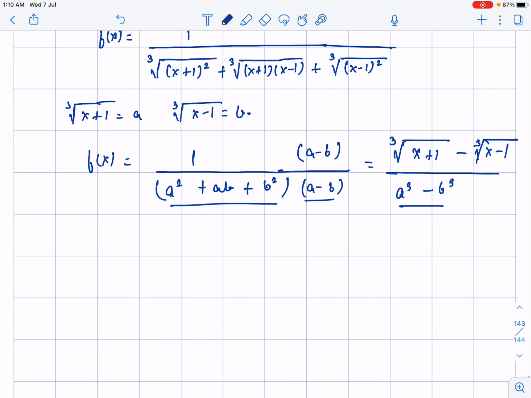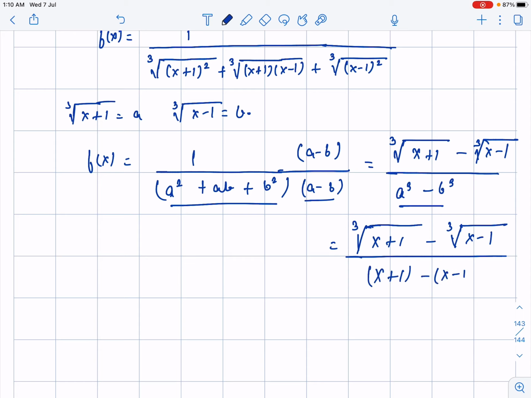So proceeding further, we'll write it as cube root of x plus 1 minus cube root of x minus 1 whole divided by x plus 1 minus x minus 1. That is 1 by 2 times cube root of x plus 1 minus cube root of x minus 1. This is f of x we are knowing, okay.